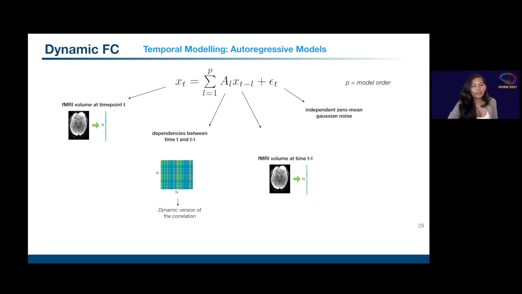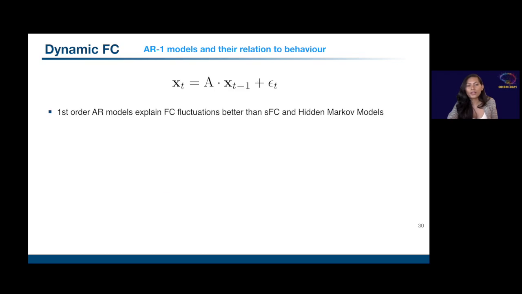What they found in the work by Raphael Liegeois, who is also going to present after this talk, is that first-order autoregressive models explain functional connectivity fluctuations better than static functional connectivity and hidden Markov models.